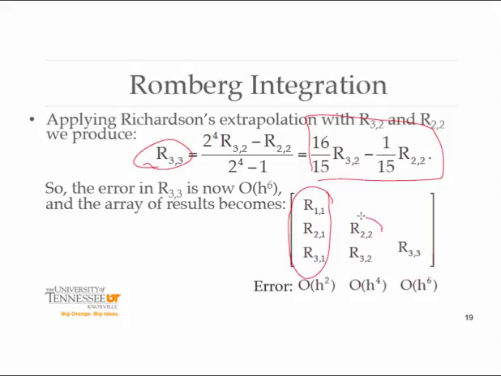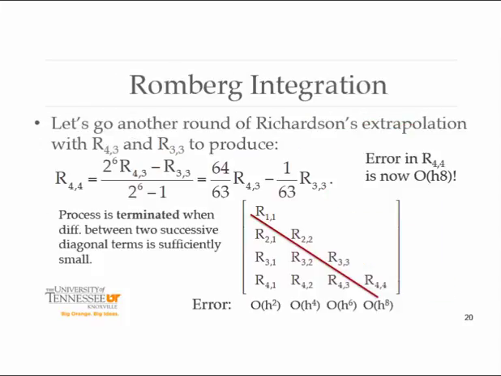Remember, these extrapolations were O of h to the fourth, and then we're finally using these last two to eliminate the h to the fourth term, and the next term in the error representation is O of h to the sixth. So if you continue this process, you're increasing the accuracy each time by a power of 2, I should say.